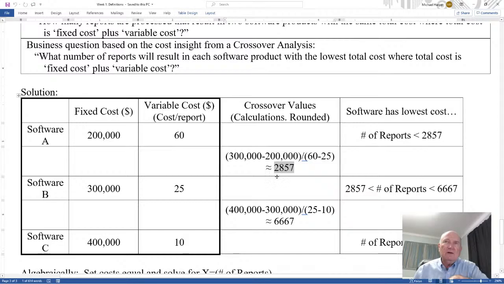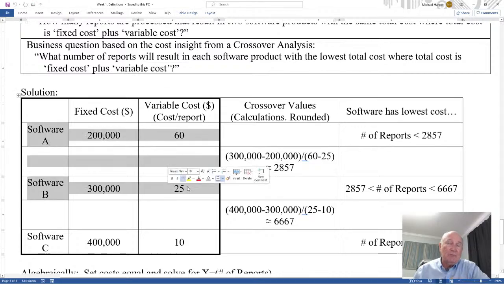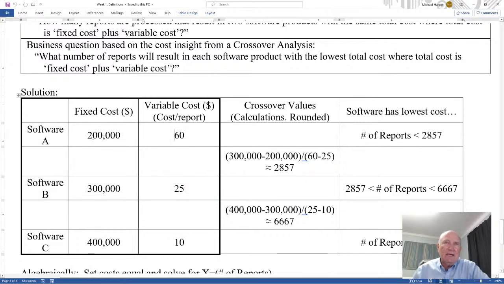So if our crossover volume of reports is 2,857, then the cost of these two are essentially the same. Therefore, since software A has a lower fixed cost and a higher variable cost, it will have the lowest cost when the number of reports is less than 2,857.